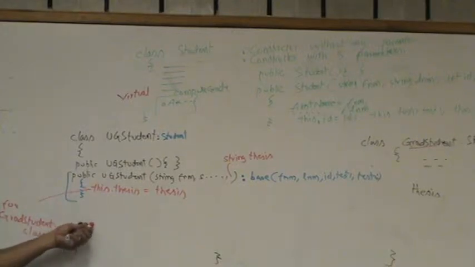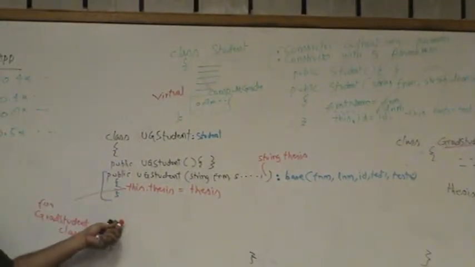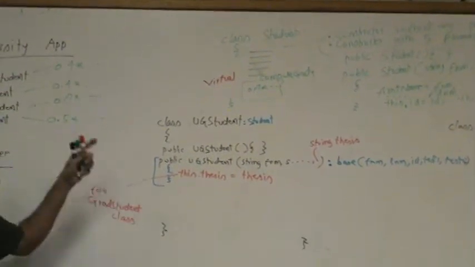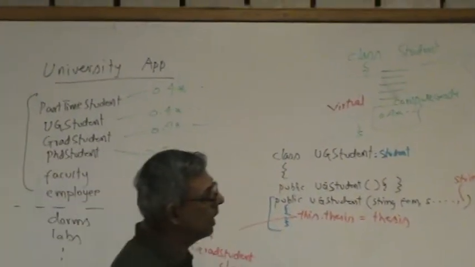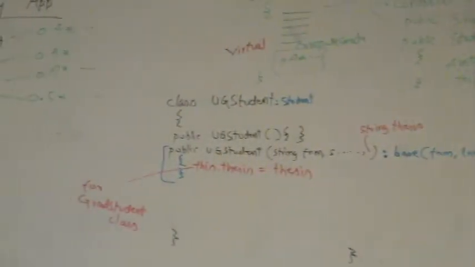Anyway, coming now to the compute grade over here. Do we have to write the code for compute grade for the grad student if it is using the same 0.4 formula? No. Let's go to the PhD student.